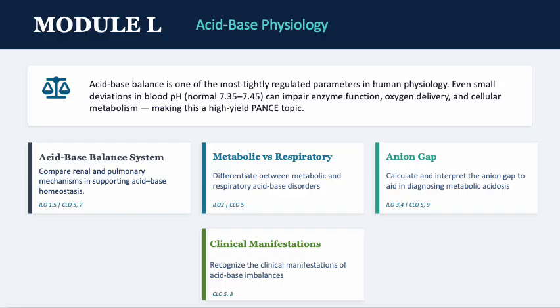So the first part of the lecture, we're going to talk about acid-base balance systems. I'm going to compare renal and pulmonary mechanisms in supporting acid-base homeostasis. I'm also going to talk about metabolic versus respiratory disorders, and we're going to be able to differentiate between metabolic and respiratory acid disorders.